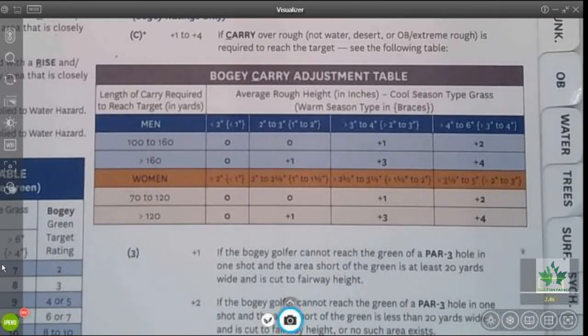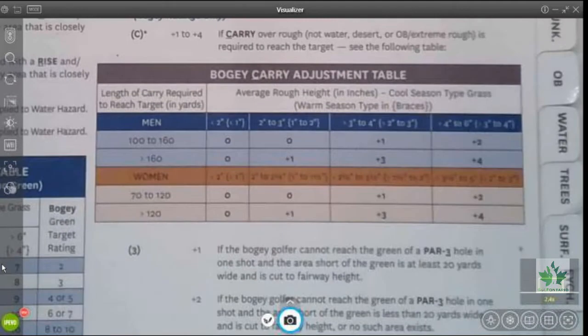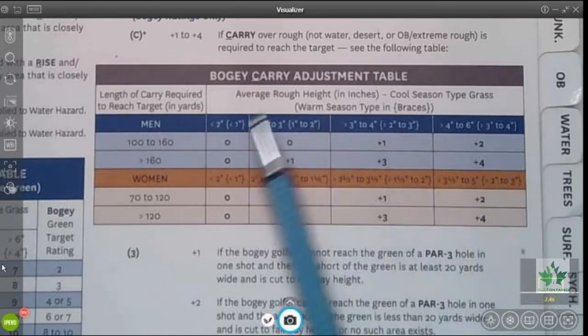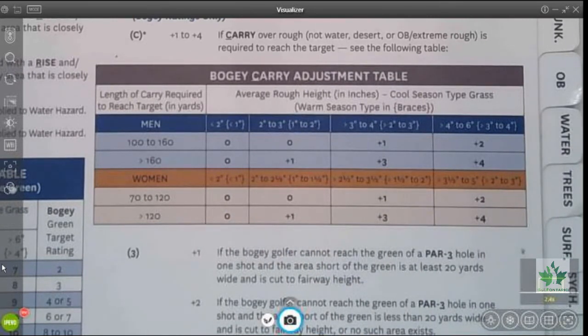You have to hit the ball a certain distance to just get to the fairway, and sometimes that distance is more than the bogey golfer can hit it. I'm not going to go into the table too much, but it's something you have to be aware of. The bogey woman runs into this problem all the time because she can only fly 130 yards off the tee. It has to do with the length of the normal rough and the distance that you have to carry to get to the fairway.